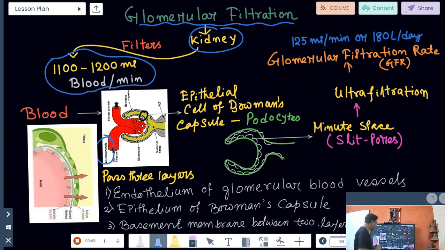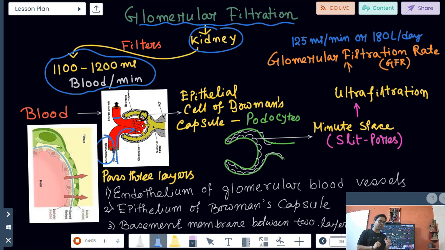When the afferent arterioles enter into the glomerulus, their diameter decreases. But why does their diameter decrease? Because if the diameter of any pipe decreases, the pressure of the fluid increases at that particular site. The same thing happens in that portion.